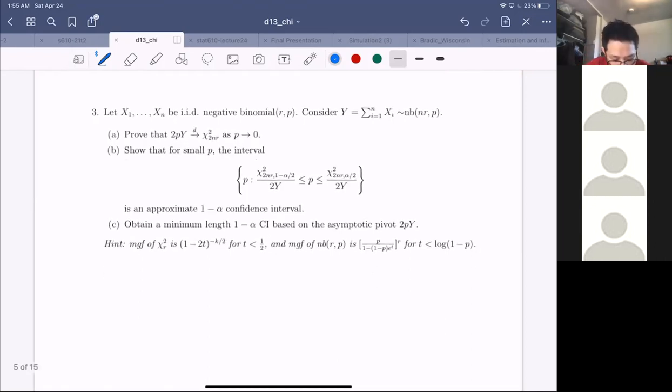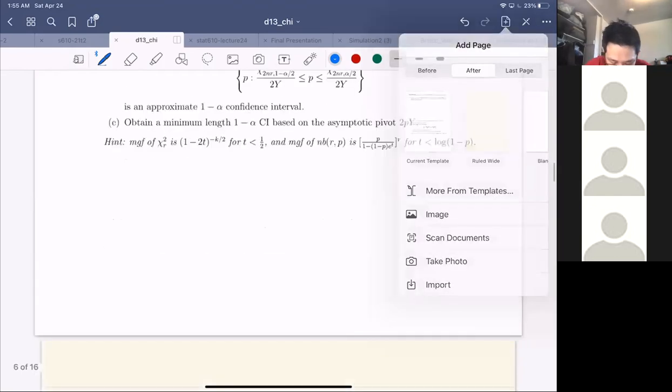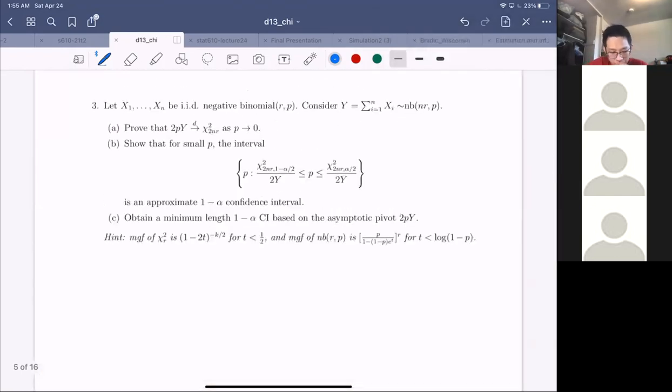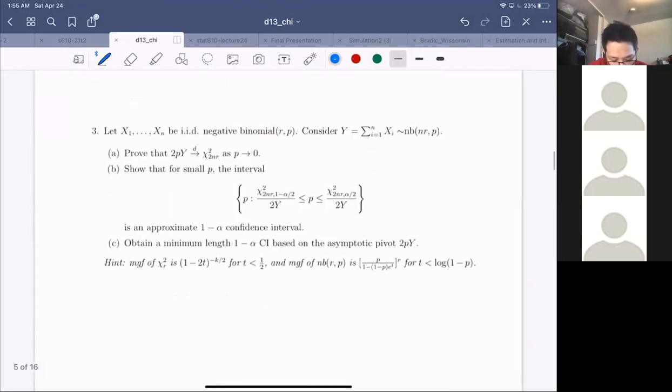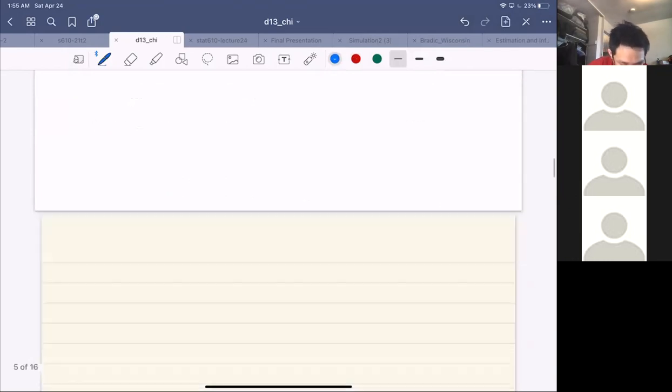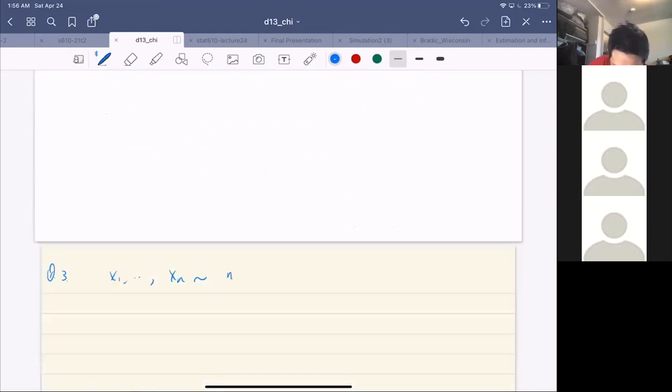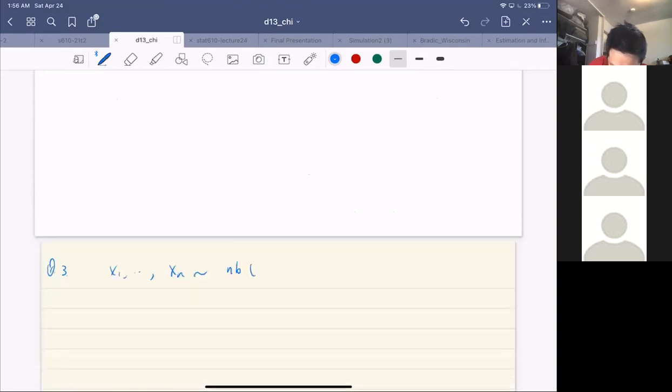Okay, let's go to question 3. The first part is we want to show that we have this as a topic. Then we can use this to find a confidence set. S1 to Sn follow the negative binomial gamma and p.